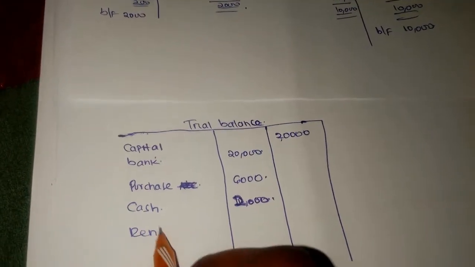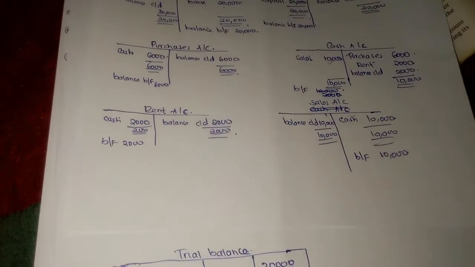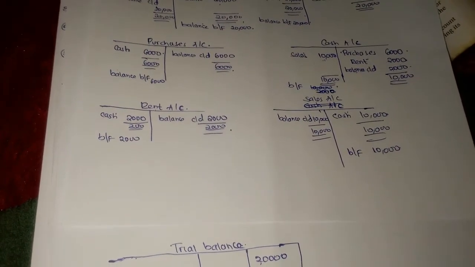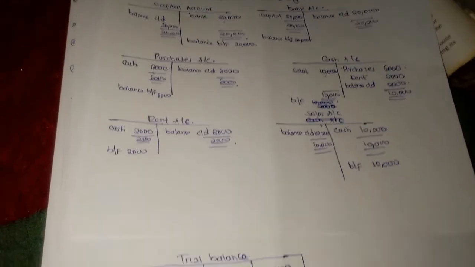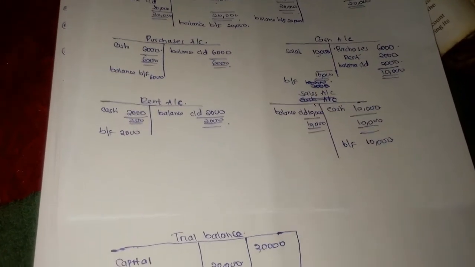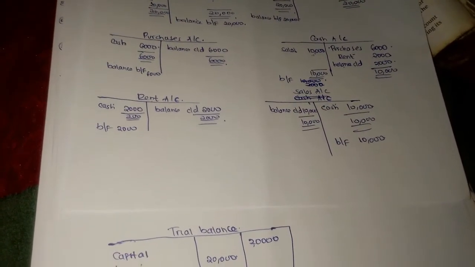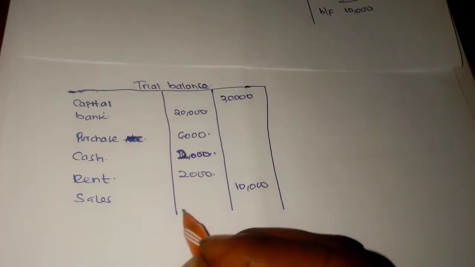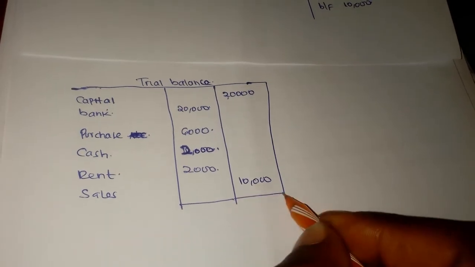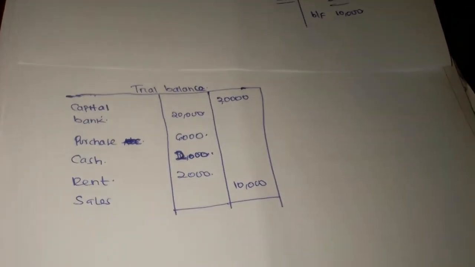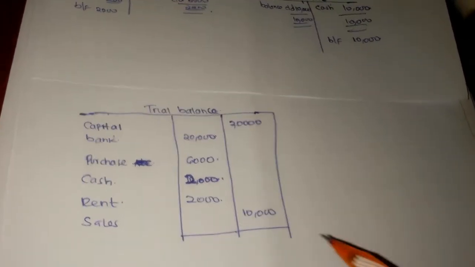After the cash account, we have the rent account, 2,000. Then finally our sales account, this on the credit side, 10,000. So let's see. Our trial balance must balance. If ours doesn't balance, then we have made a mistake somewhere.